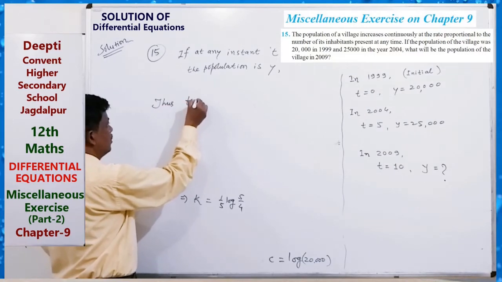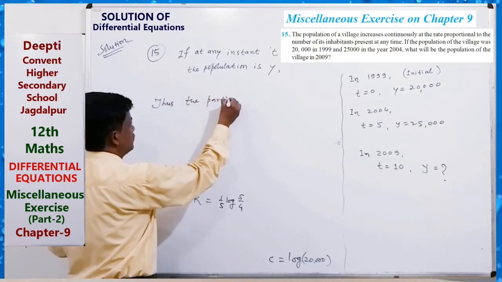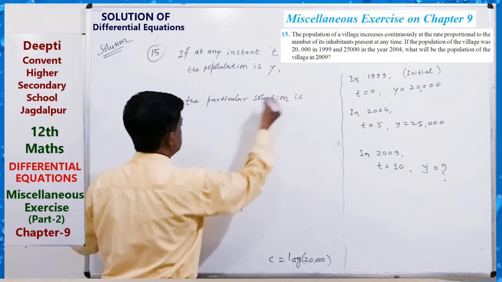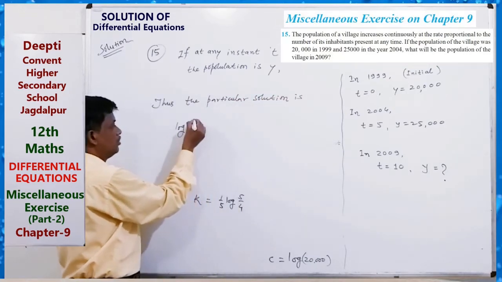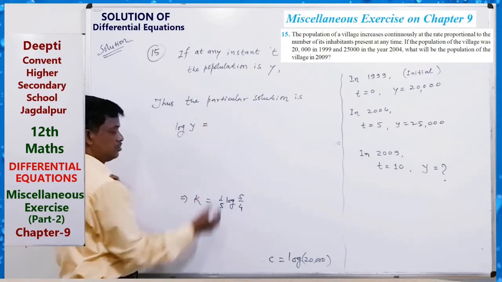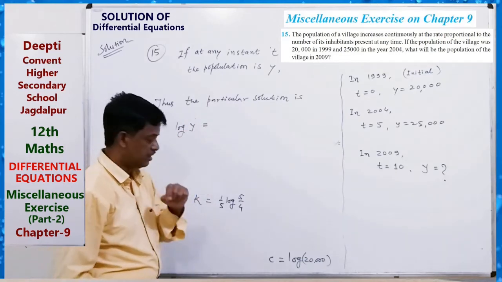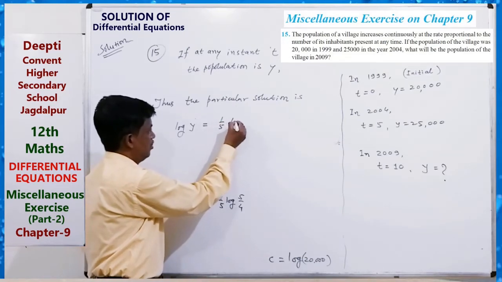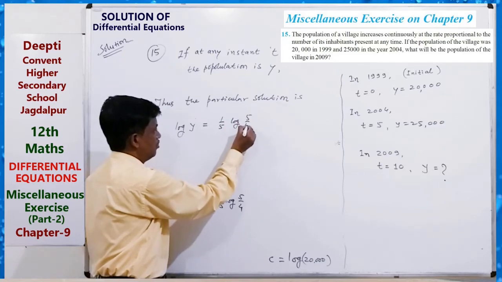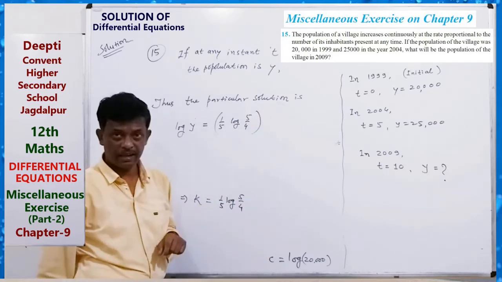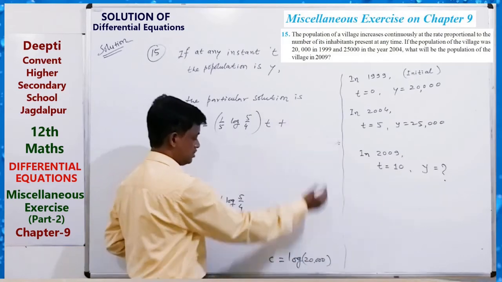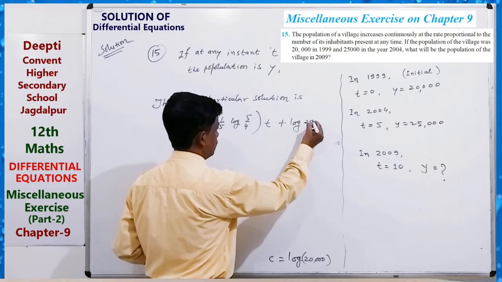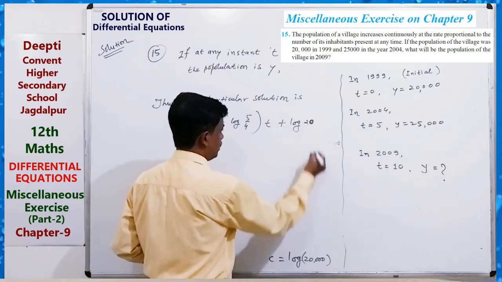Thus, the particular solution is log of y equals kt, k is 1 by 5 log 5 by 4. This is kt plus c, log of 20,000.